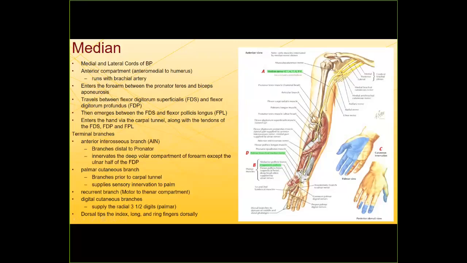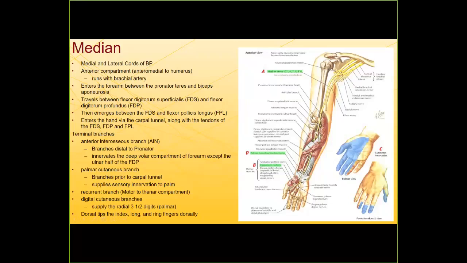So after the median nerve sent off its sensory branch that innervates the palm of our hand here, it continues down through the carpal tunnel and exits the carpal tunnel and sends off a branch that innervates our thenar muscles called the recurrent motor branch of the median nerve.